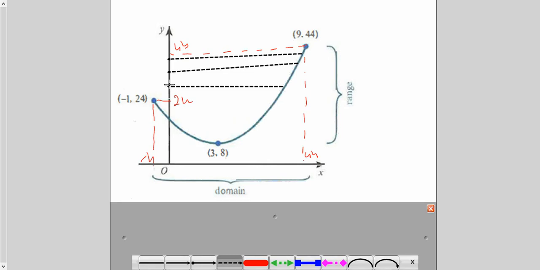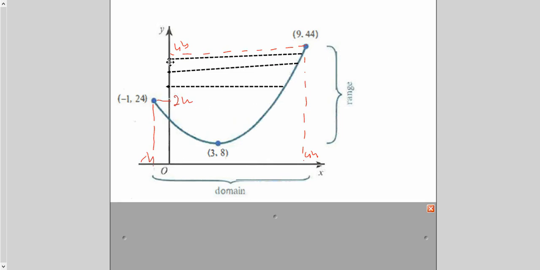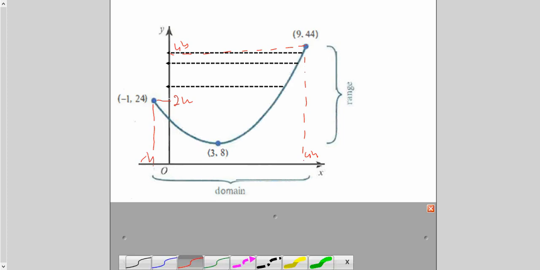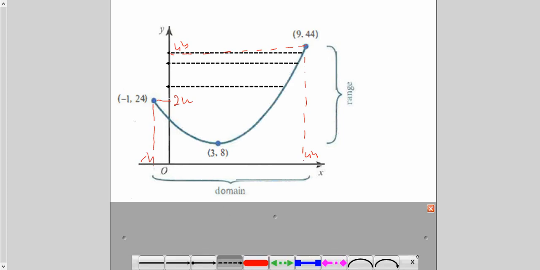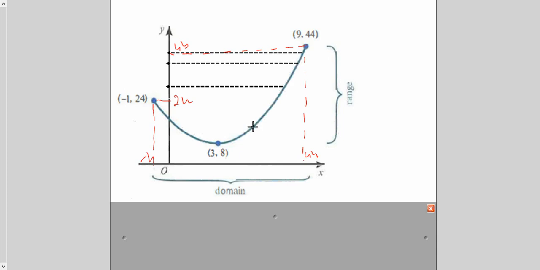Sorry, my lines are a little slanted, but I actually mean to say this is straight. Okay, let me draw it like this. So if I ask what is the value of y here, you will look at it like this. So you see this value of y is less than 24. If I want to see the value of y here, it is less than 24 because 24 is here.